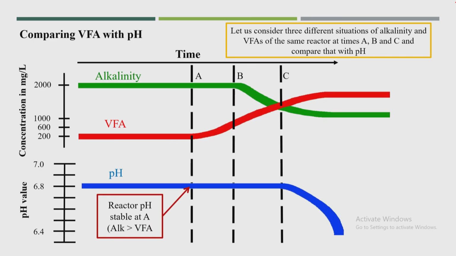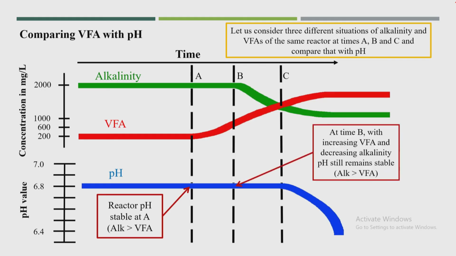So, at condition A, the pH is stable, because alkalinity is more than VFA. At stage B, with increasing VFA, you see that VFA is increasing but alkalinity is slightly reducing, and the pH still remains stable.